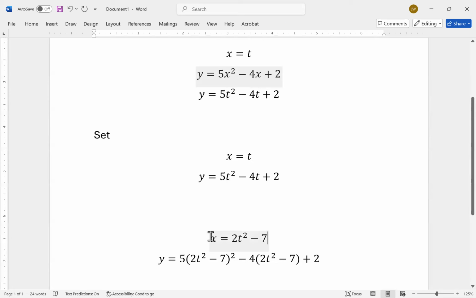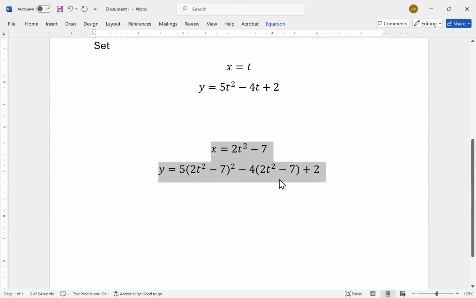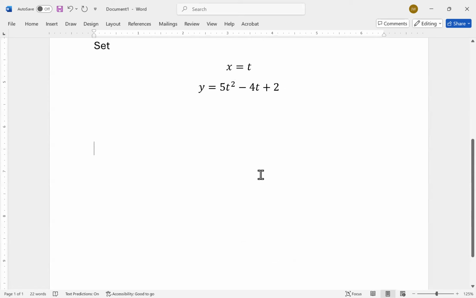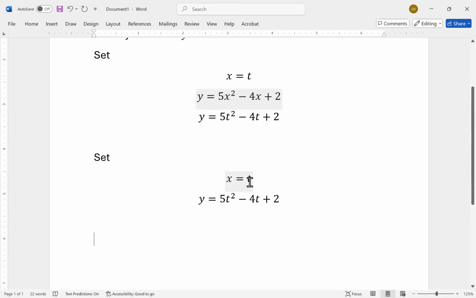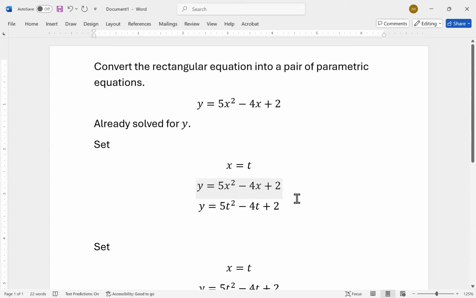So this set gives me the exact same graph, but doesn't have the same domain. So again, that's one of the reasons I tend to let x be equal to t when I do the substitution. Hopefully that all makes sense.